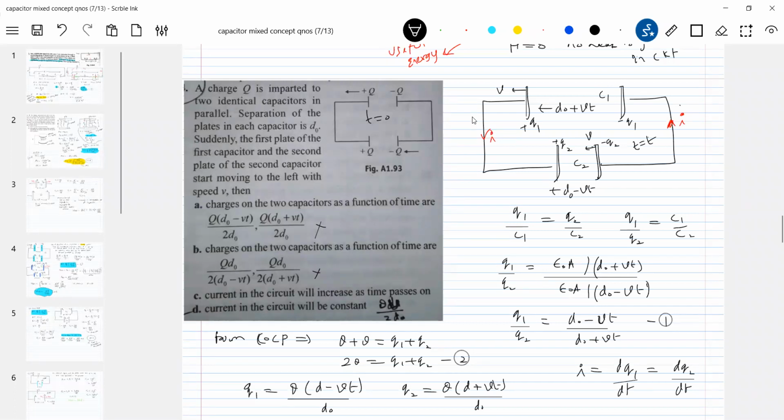One will come negative. The other one is due to the decrease here in charge. That's why the current is there. The amount of charge that decreases here, the same amount should increase here, because charge should be conserved. Negative means it is moving out of this plate, and here it is entering. That's what the negative sign indicates. To take care of that sign, I'll put a minus sign here. So this will be more justified.